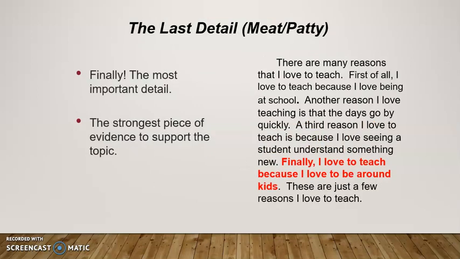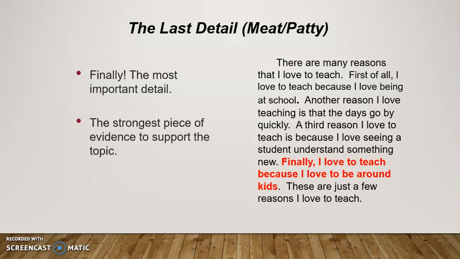And the next layer of your hamburger would be the meat, or the patty. It represents the last detail in your body paragraph. Finally, this is the most important detail that you need to include in your body paragraph, and it is normally the strongest piece of evidence to support the topic sentence.